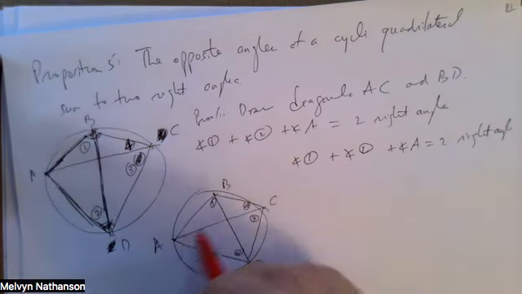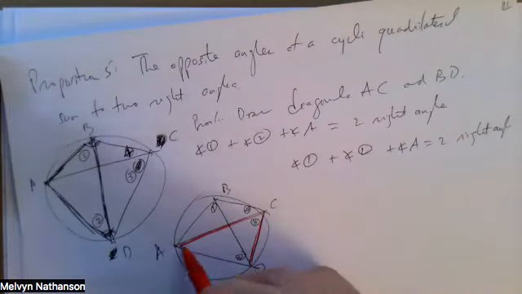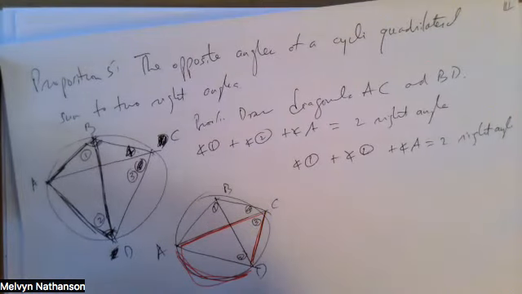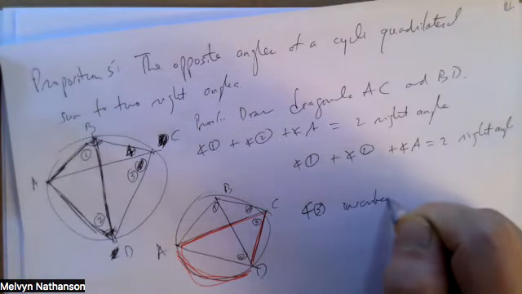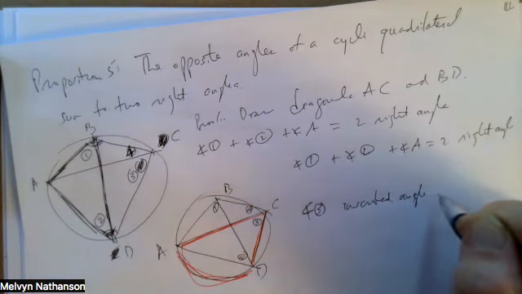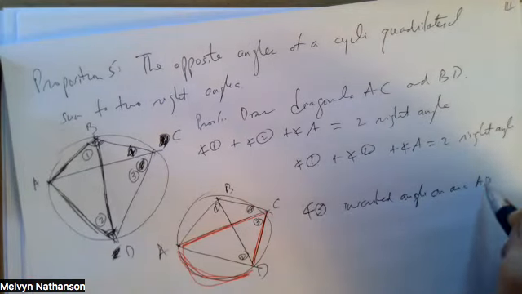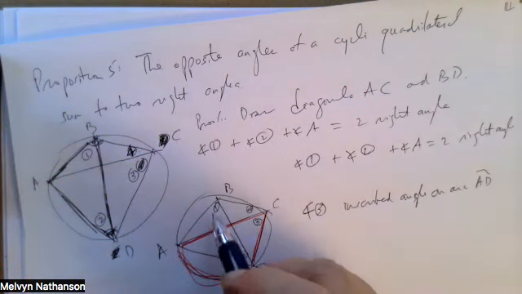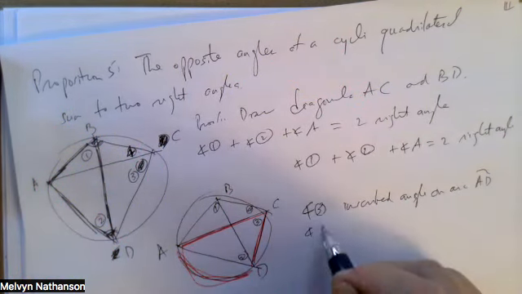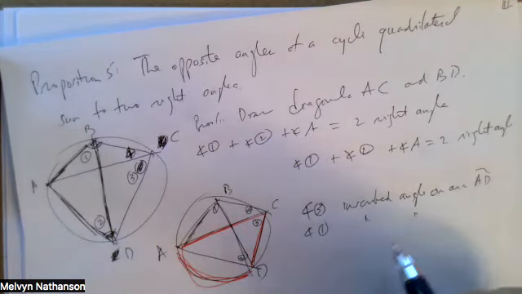Now, here's angle 3, and angle 3 cuts out this arc of the circle. So angle 3 is an inscribed angle on the arc from A to D. But if I look at angle 1, it cuts out the same arc.